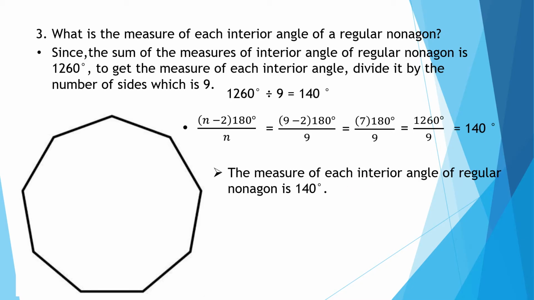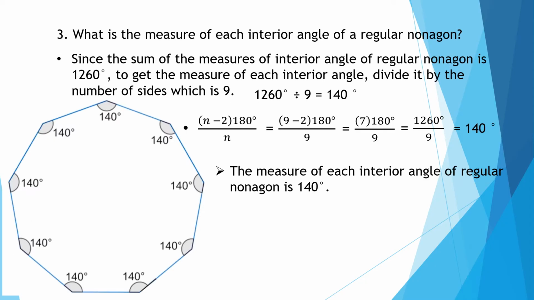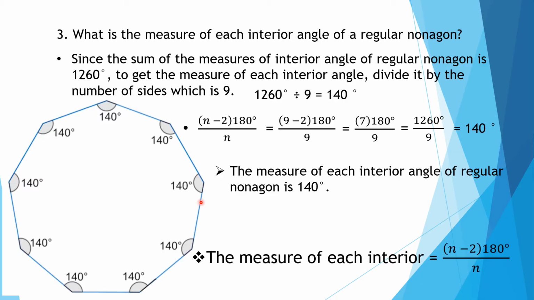The measure of each interior angle of a regular nonagon is 140 degrees. To find the measure of each interior angle, use the formula n minus 2 times 180 degrees divided by n.